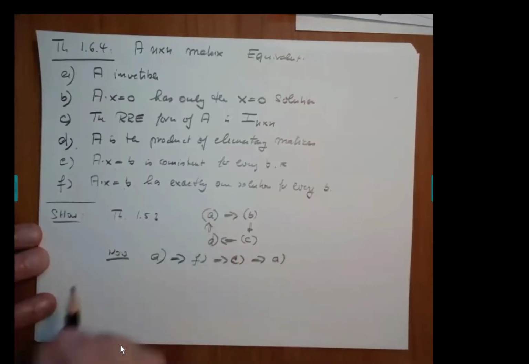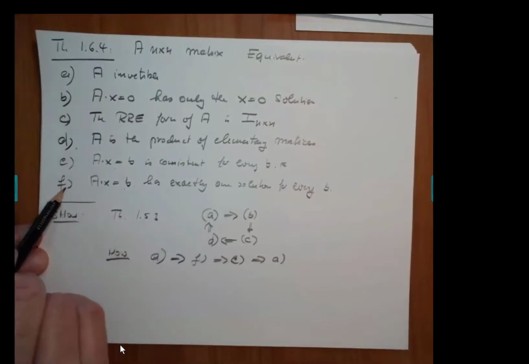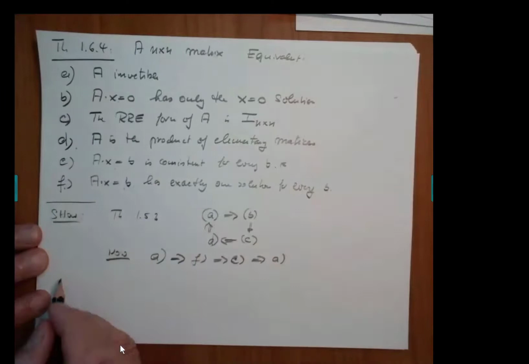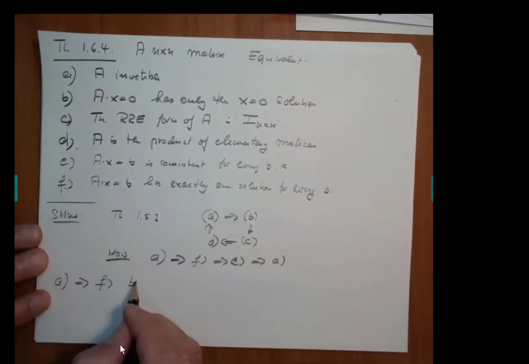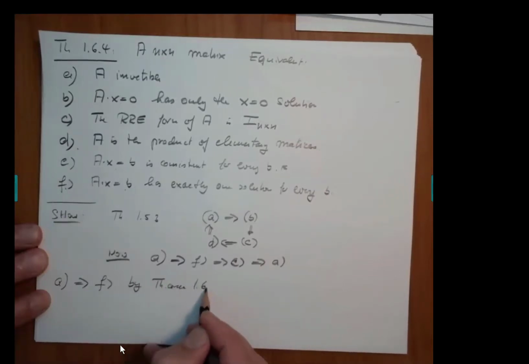Okay, and it turns out, like I said, A implies F was just our theorem 1.62. So there's nothing to do anymore. A implies F by theorem 1.62.